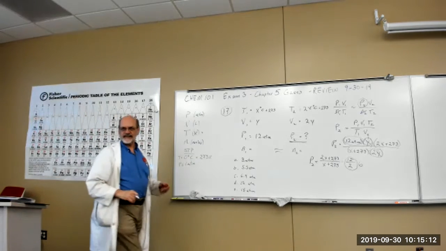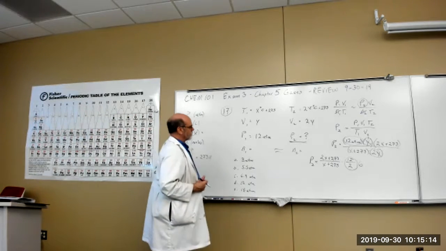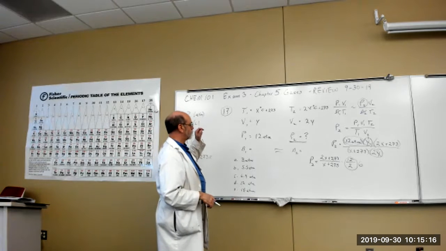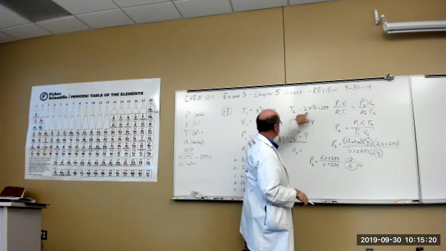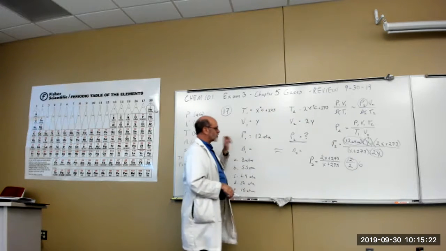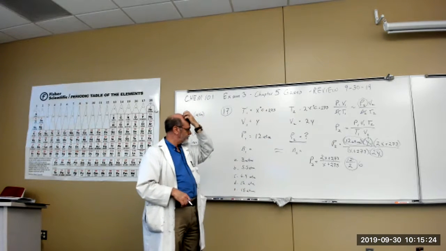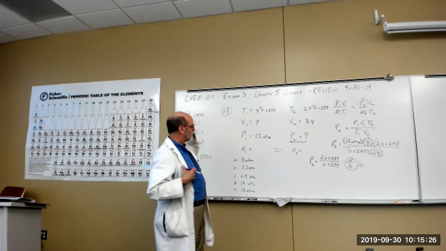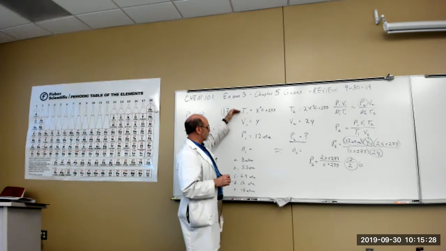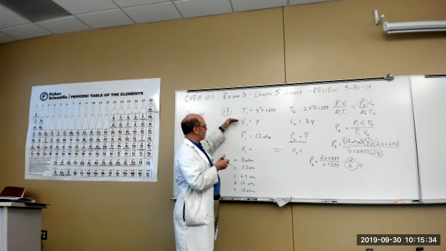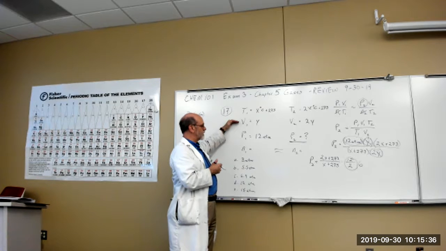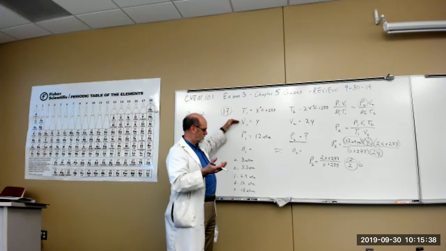Process of elimination, test taking techniques. We've doubled the temperature, so what should happen to the pressure? Well, the effect of the temperature should increase the atmospheres. But what happens if we increase the volume?